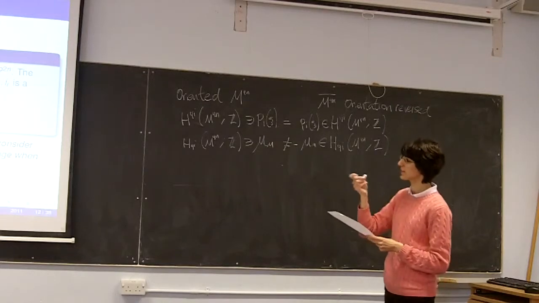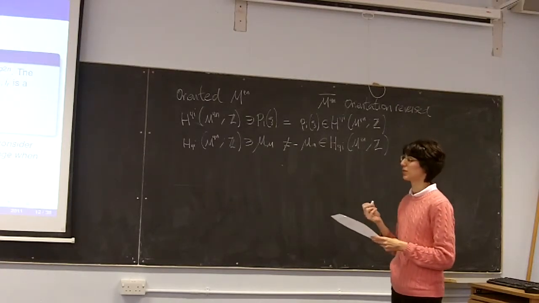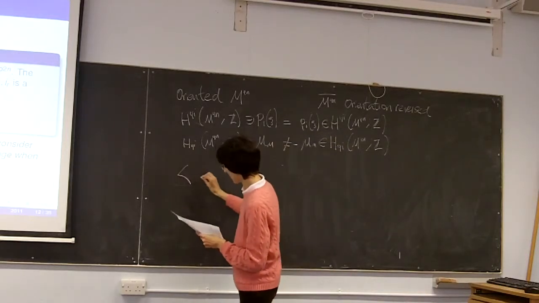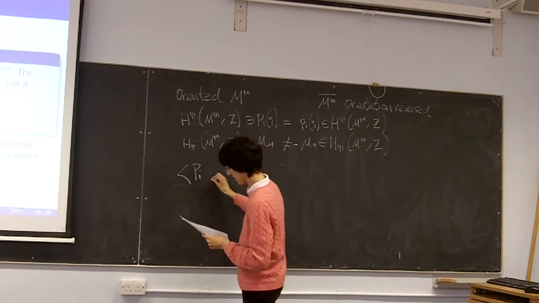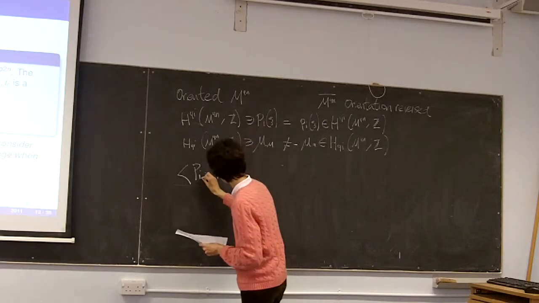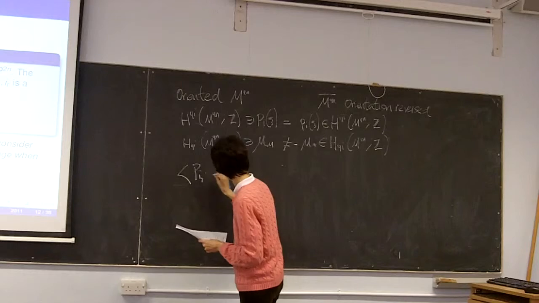So what happens when we come to compute the Pontryagin numbers? If I write this down, we can recall from the definition that we had a monomial in Pontryagin classes.